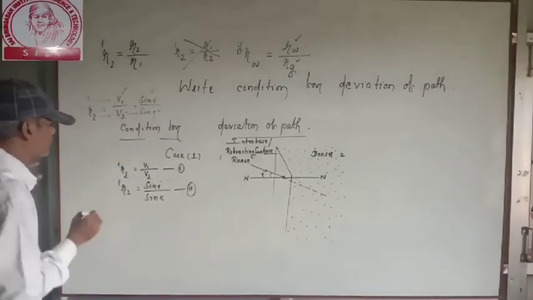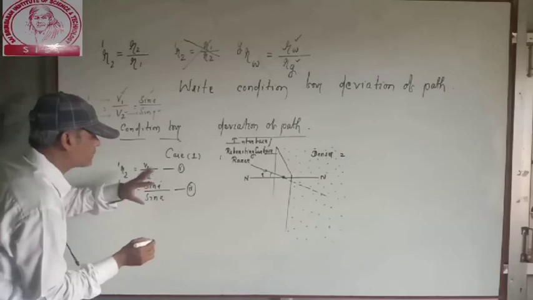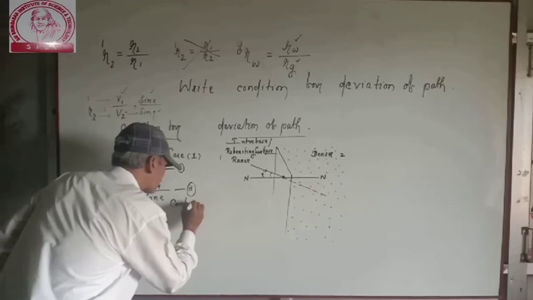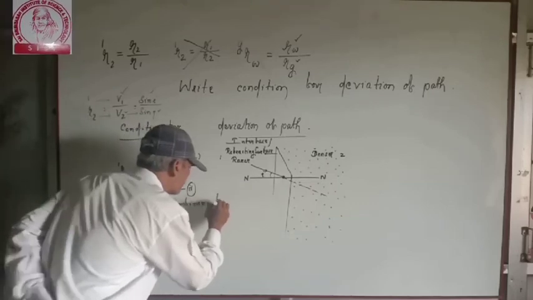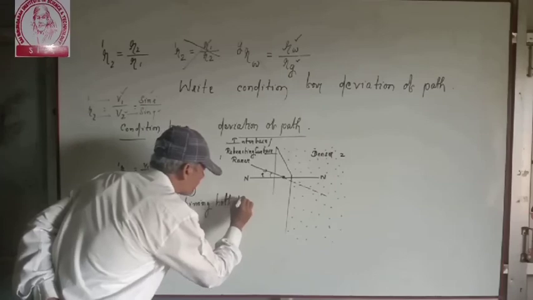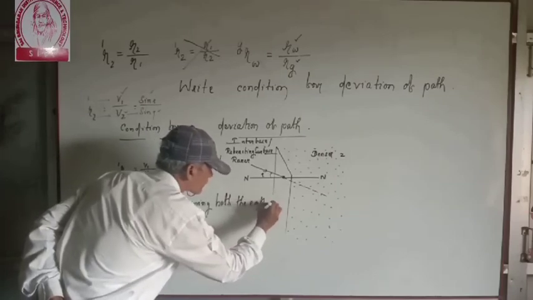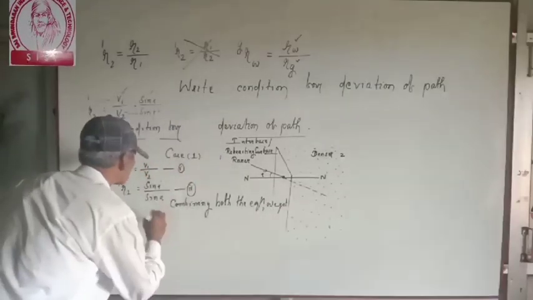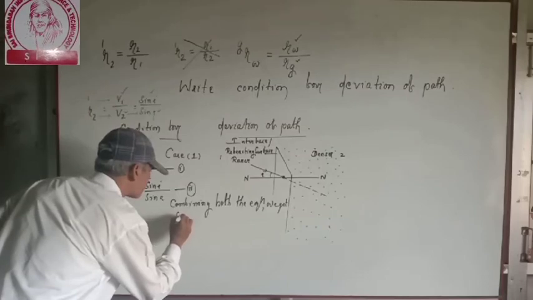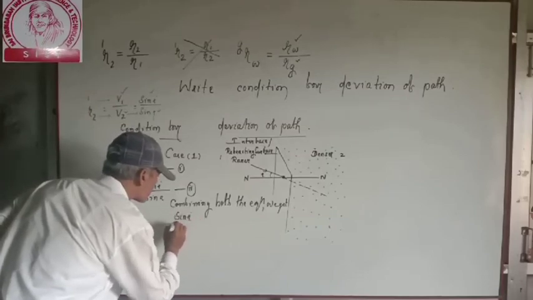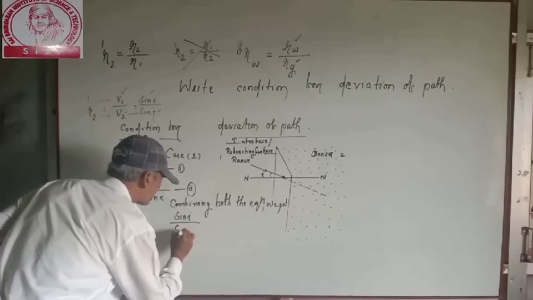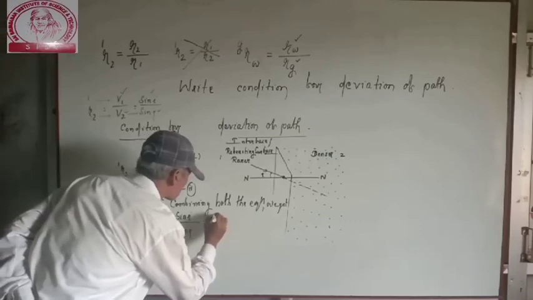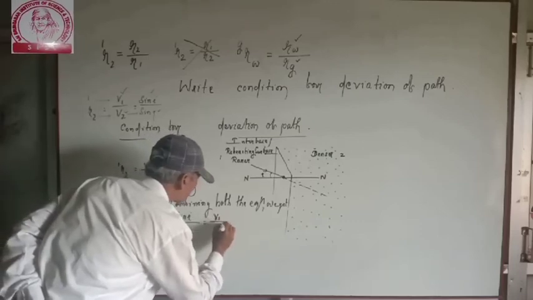So now combining both the equations, we get sin I by sin R is equal to v1 by v2.